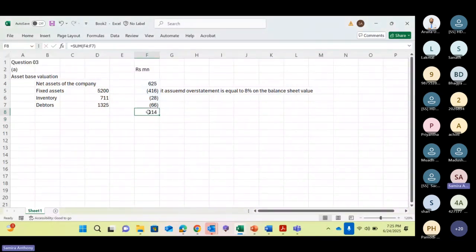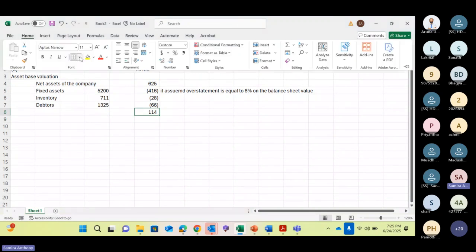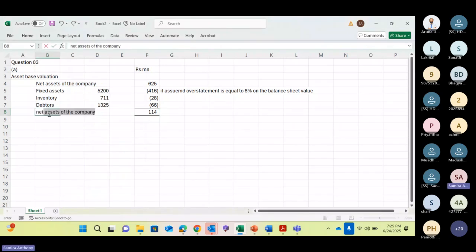This is the adjusted net assets of the company, net asset value of SCL, right?